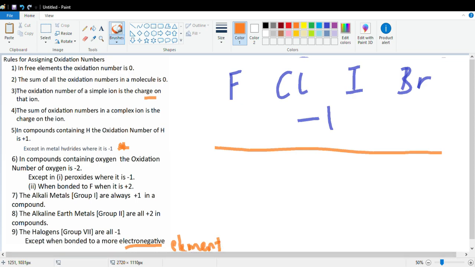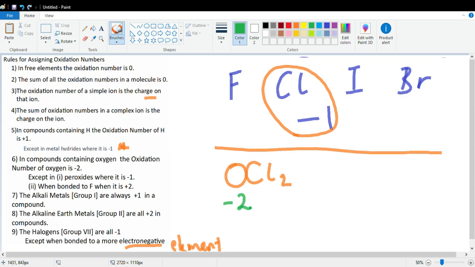For example, chlorine should always be -1, except if it's bonded to something like oxygen. Oxygen is more electronegative, so oxygen takes precedence here. We follow rule number 6. Oxygen is going to be -2, it's more electronegative, and that must mean, in order to satisfy rule number 2 and make sure the molecule adds up to 0, the 2 chlorines in there must be +1.